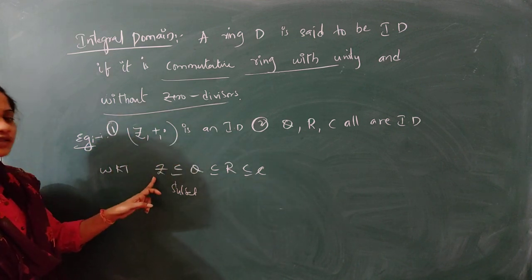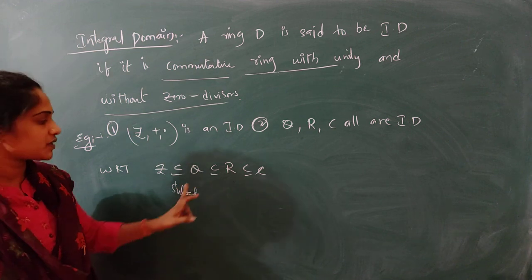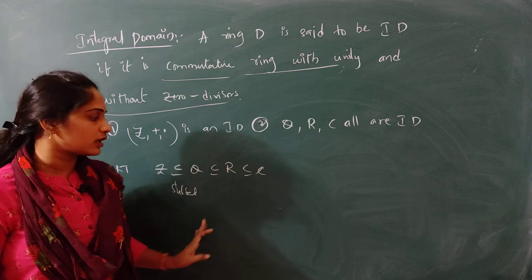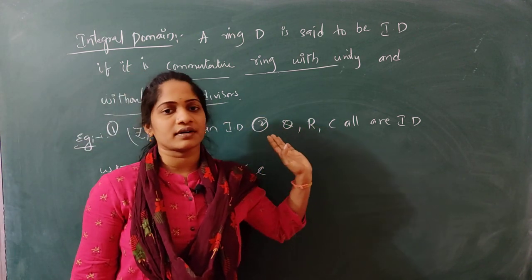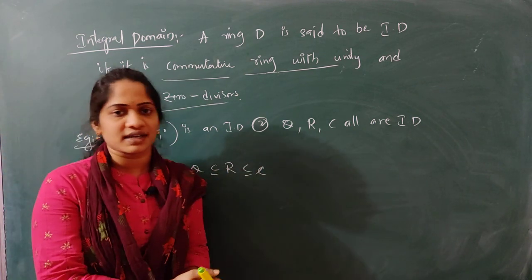So if Z is an integral domain, then similarly these are also integral domains. So Z, Q, R, C all become integral domains. Let's see another example, Z3.